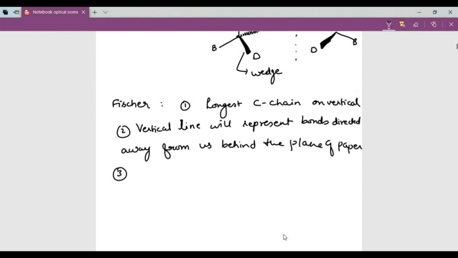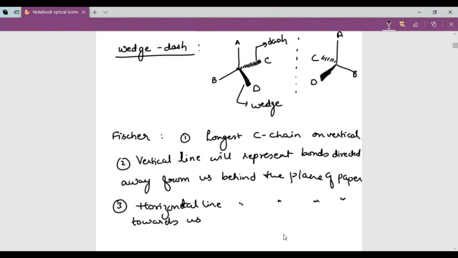Horizontal line will represent bonds directed towards us.